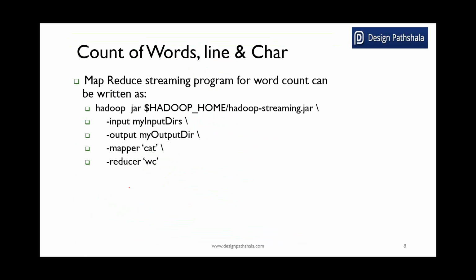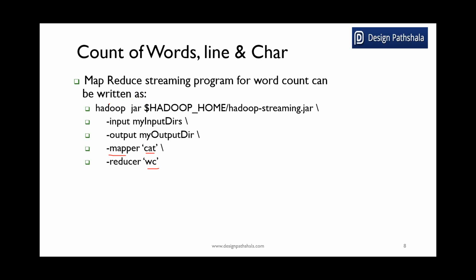Here I am saying my mapper is nothing but a Unix command called cat, and my reducer is nothing but a Unix command called word count, WC. So my data would be read and passed to this Unix command, cat. Cat will not do anything great. Cat will just emit the data as it's coming to it, and WC will do the word count on the data coming to the reducer.